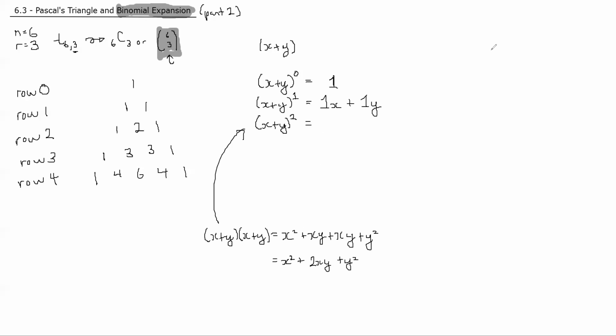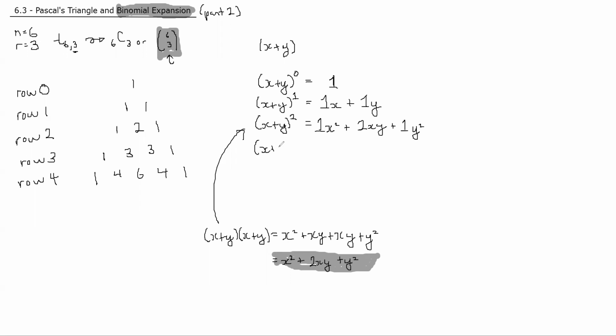Copying this answer into my little thing above, x plus y squared is 1x squared plus 2xy plus 1y squared. Do you see a resemblance between Pascal's triangle and when I expand a binomial?